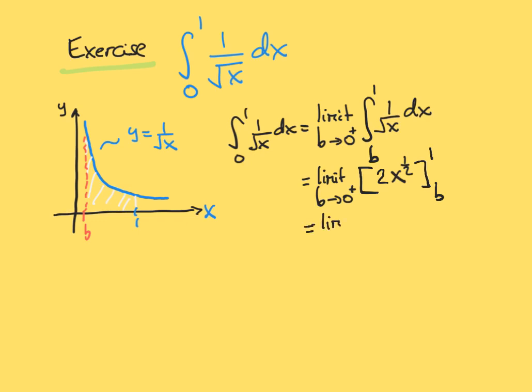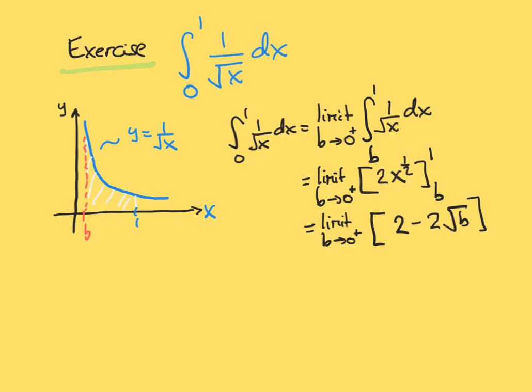So this is now the limit as b goes to 0 from above of 2 times the square root of 1, which is 2. That's the upper limit when x is 1, minus 2 times the square root of b. That's the lower limit. Now, as b goes to 0 from above, this stays as 2, but the square root of b, since b is positive, it's defined, but as b gets smaller and smaller, the square root gets smaller and smaller, and it approaches 0.